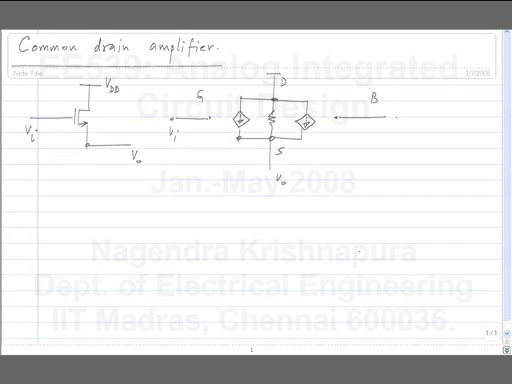Now we can choose to either connect the bulk to the source or to ground. If we connect it to source, we found that the small signal gain was Gm by Gm plus GDS plus any load that you may connect.